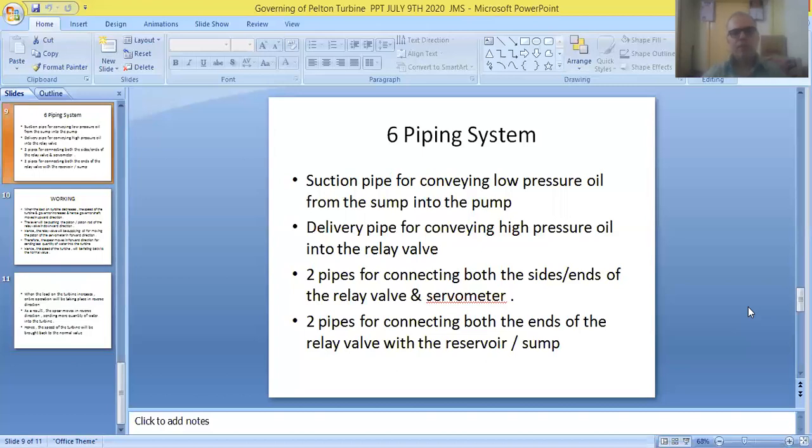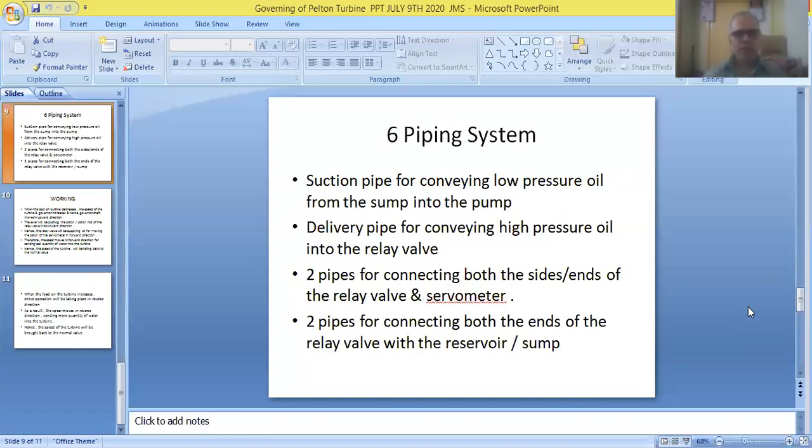So friends, we have come to the last slide. It is called the piping system. It gives information regarding the piping system.